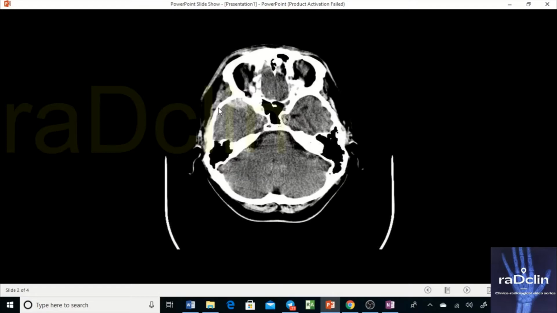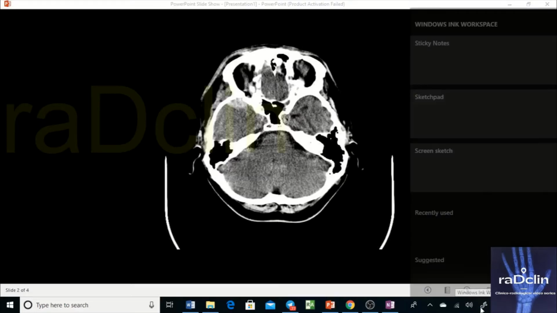If you calculate the HU of this by putting the ROI, it will come around 60 to 70. That suggests that it's a bleed density, and in consonance with the history of RTA, it looks like a biconvex extra-axial bleed density. That looks like a typical EDH. That is not a mystery so far.